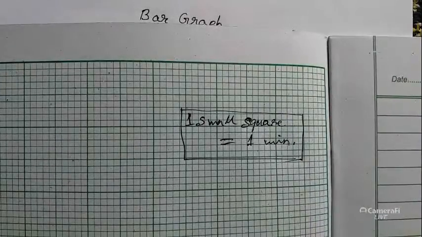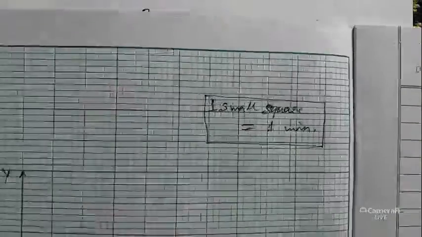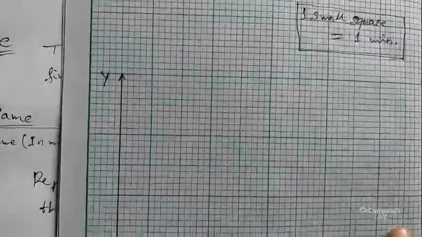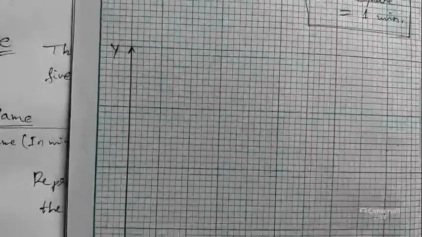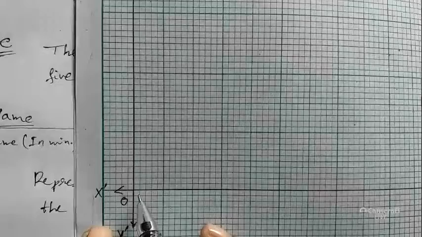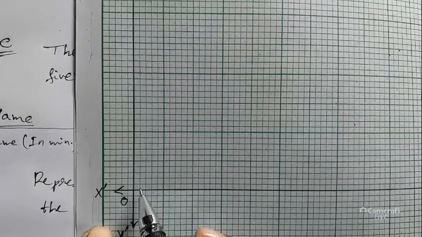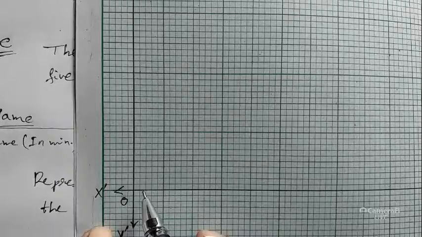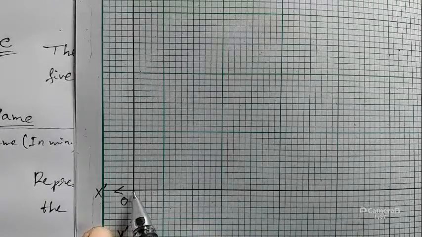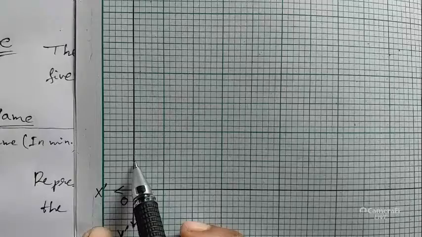Now with this scale we will take the measurement on the x-axis, y-axis, and mark the point. If we choose one small square for 1 minute, then we get 5 small squares for 5 minutes, 10 small squares for 10 minutes. This is the origin, that is 0. Then 1, 2, 3, 4, 5, this is 5.